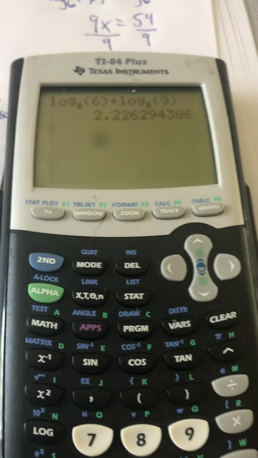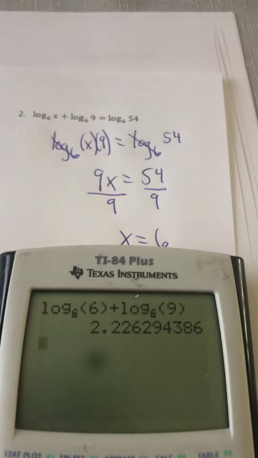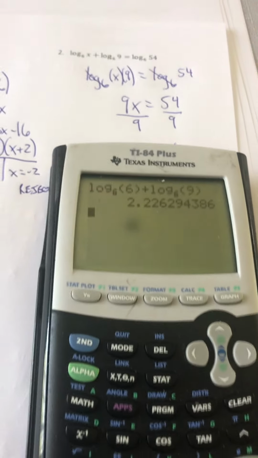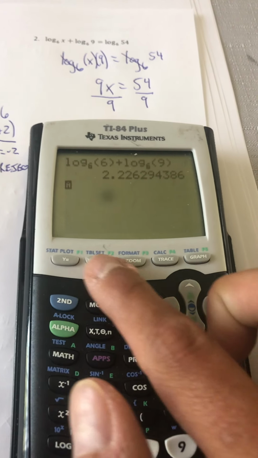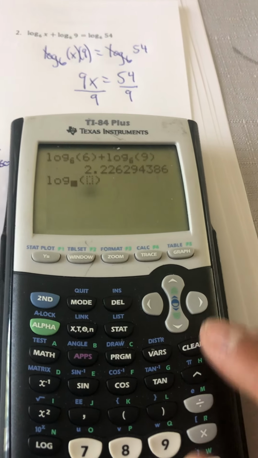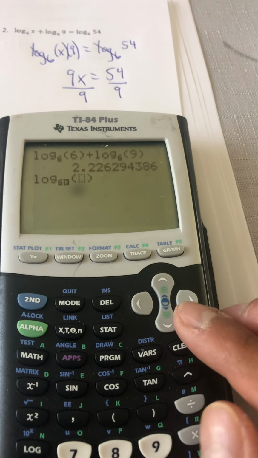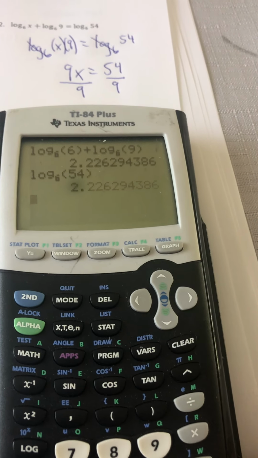And I get this decimal. Now on the right side, I need to check and see if I get that decimal as well. So I have alpha window, choice 5, and I have 6, and then I have 54. Those decimals work out, they're the same, so therefore this is correct. And my answer is x is equal to 6.